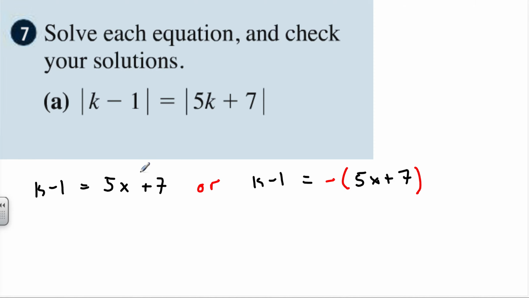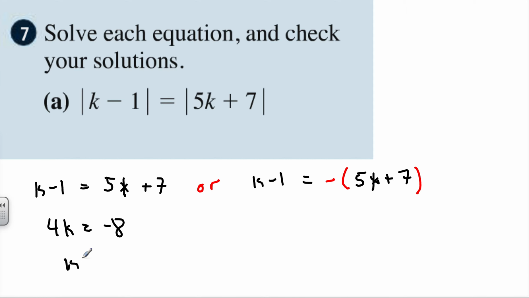And that's a k, that's a k, and that's a k. So if we subtract k and subtract 7, we'll get 4k equals negative 8.